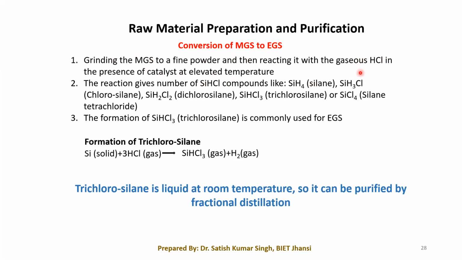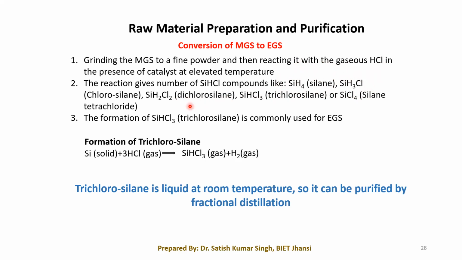After the reaction, silicon in the solid form with impurities reacts with the HCl, and a number of products will be formed. The first product is silane gas, SiH4. Another product is chlorosilane, SiH3Cl.